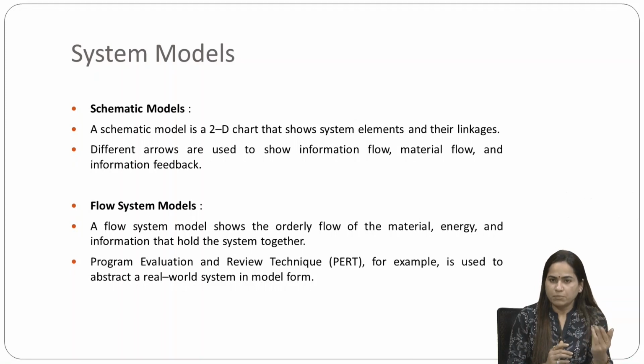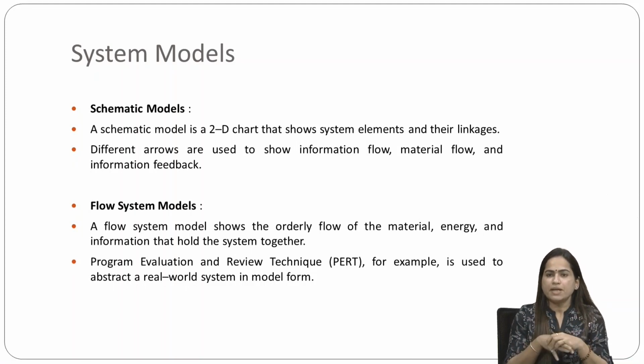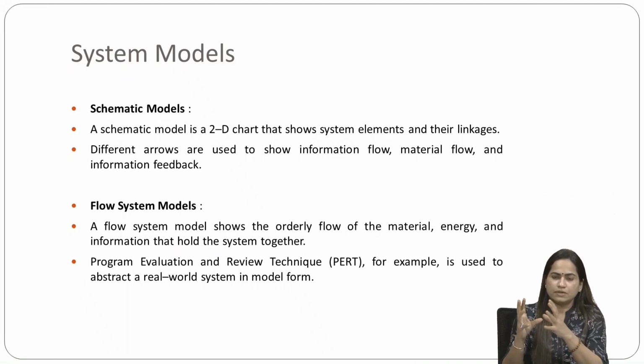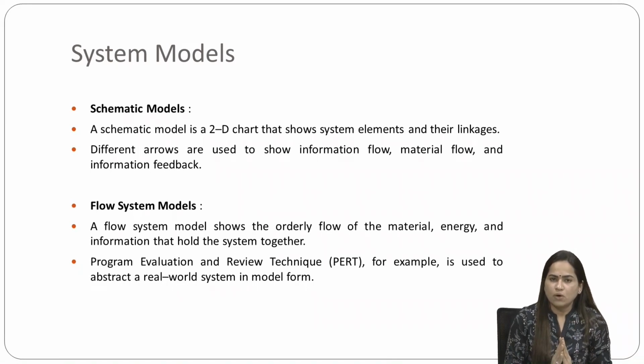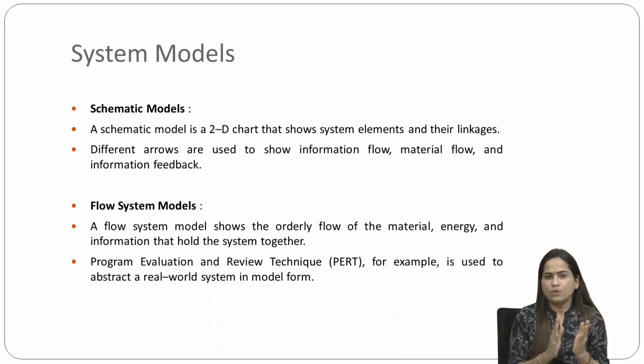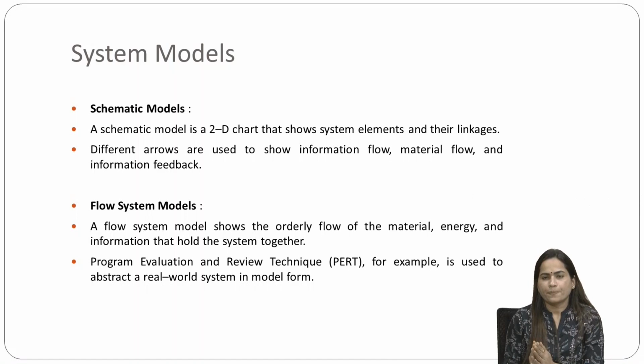That is schematic model, means one type of schema is given to us which is representing the system. Second one we have, that is flow system model. A flow system model shows the orderly flow of material, energy and information that hold the system together.